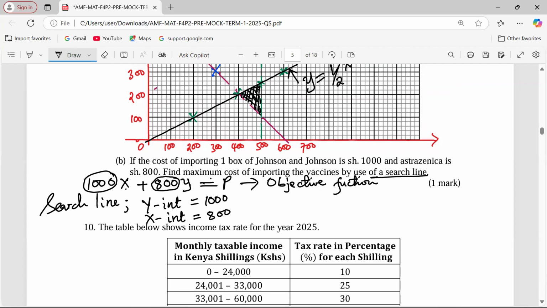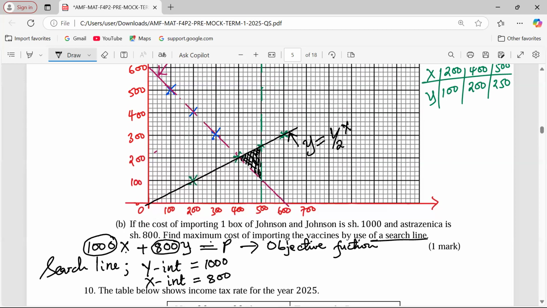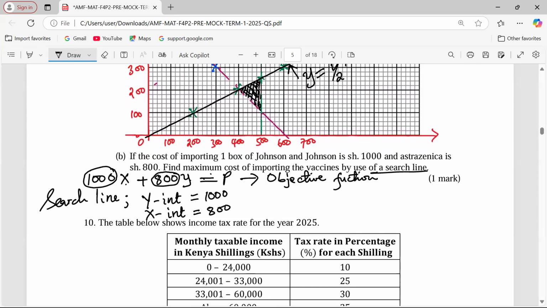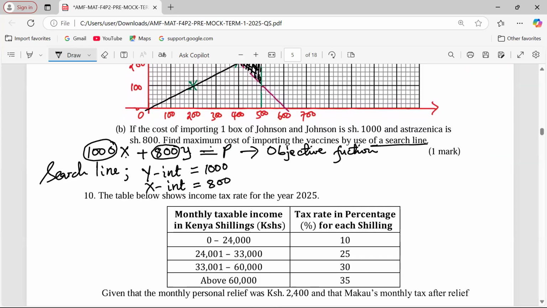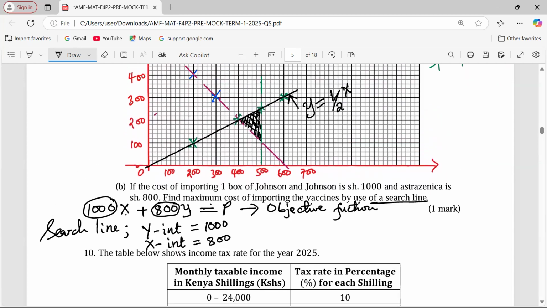So now, looking at what we have here, we may discover that these values are too large for the coordinates used here.